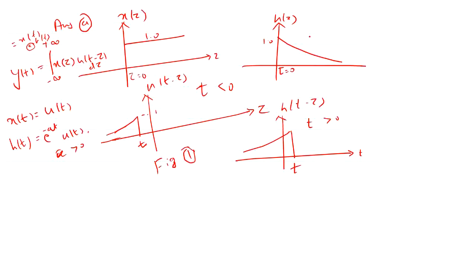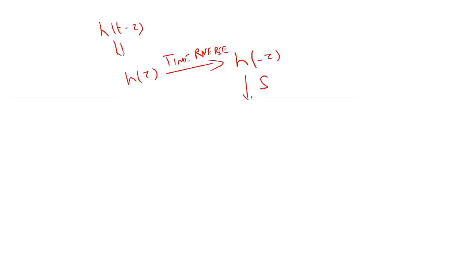Now maybe you are confused about how to draw this h(t minus tau). Let us explain it. You just plot h(tau), then time reverse it, and we get h(minus tau). After that, if we shift it by t, we will get h(t minus tau).